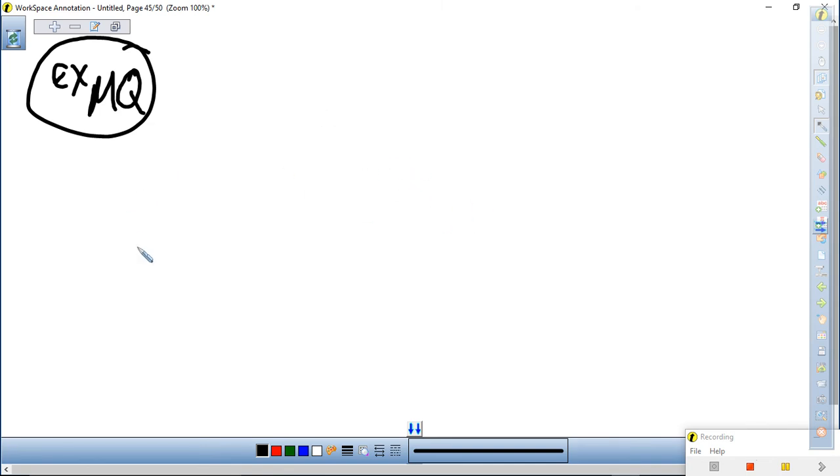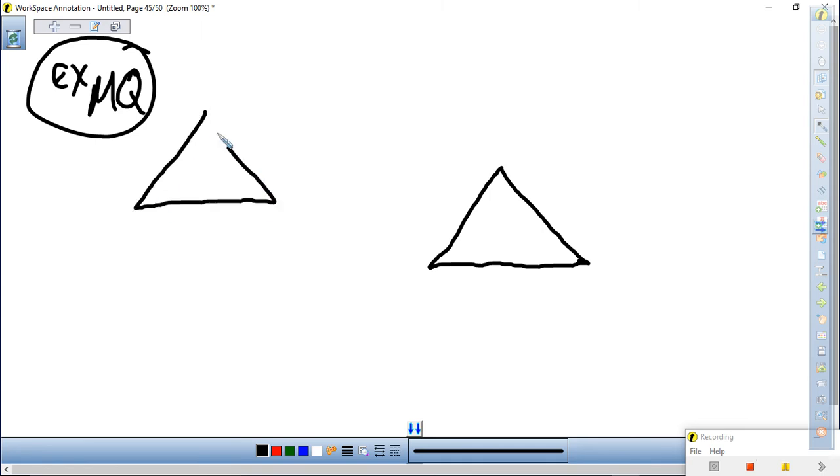I want you to move a little bit to the right, and I want you to sketch a triangle. Whichever triangle that you drew. And then you're going to move to the left of that and a little bit further up, and I want you to make a copy of that triangle that you just drew. Doesn't have to be exactly the same, but try to make it as close as possible. Okay? So now let's connect the vertices.